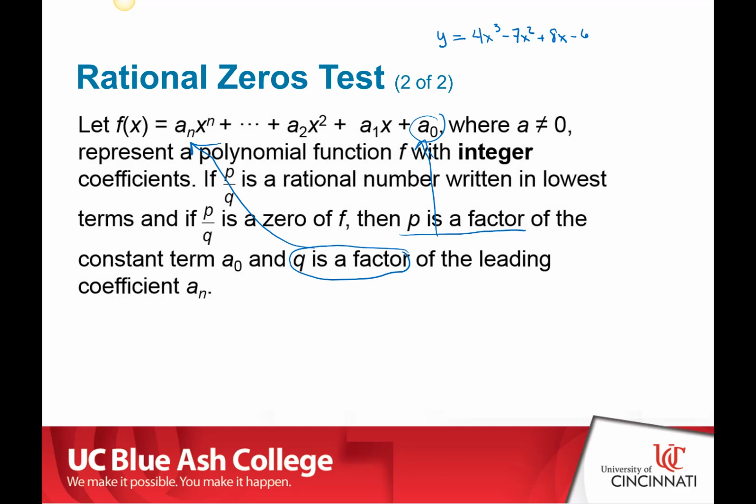Okay, so how do we apply that to this? Well, for our constant, what are the different possible factors of 6? Well, plus or minus 1 will work, won't it? Plus or minus 2, plus or minus 3, plus or minus 6. Those are all factors of 6, aren't they?